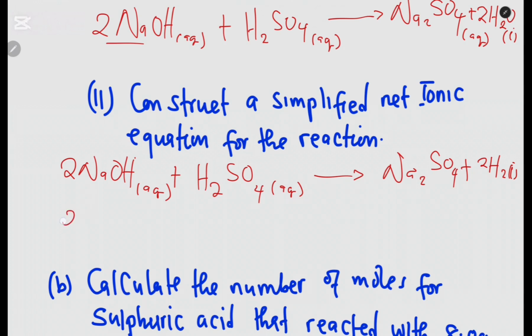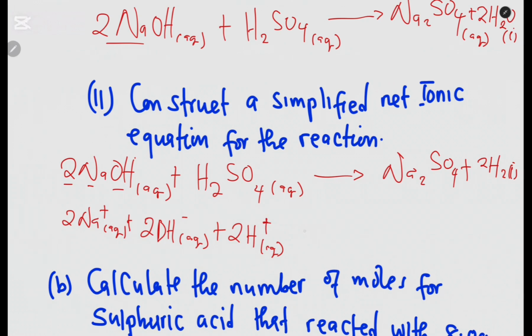So this is what we have from the balanced equation. So I can split the first one, sodium, will be split like this, which is aqueous, plus 2 hydroxide. So this 2 multiplies everything here, so 2 hydroxide, which is aqueous, plus sulfuric acid, it will be like this, which is aqueous. This is positive, please, plus sulfate, like this, which is aqueous.